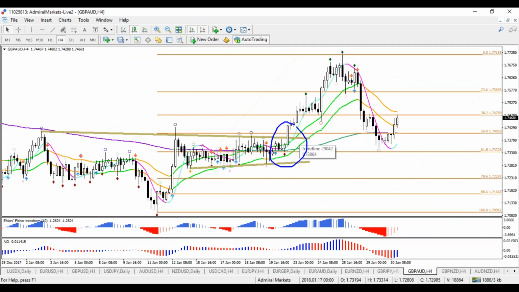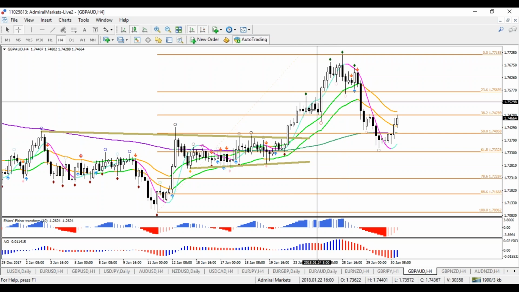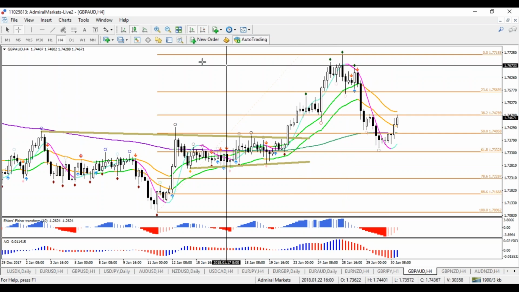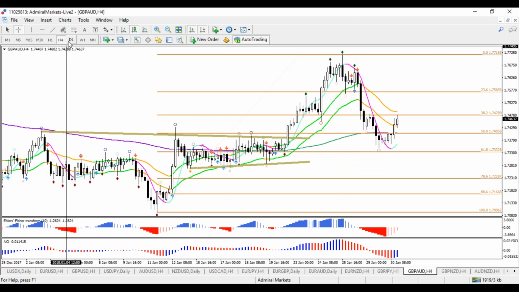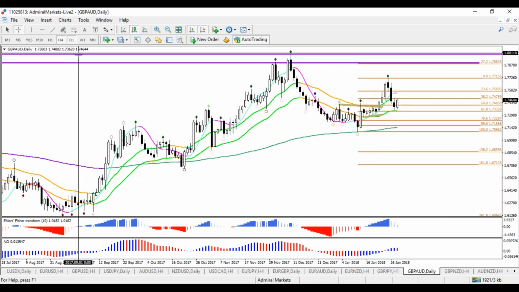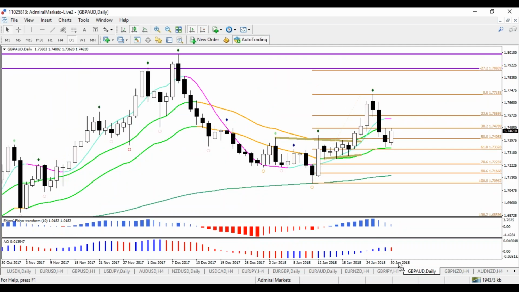Pound Aussie had that breakout candle here a week ago already, but after that it's been a little bit of a roller coaster. I'm not a particular fan of it at this point.